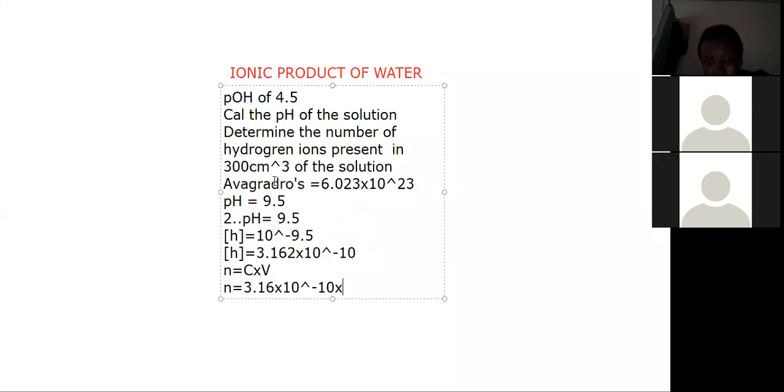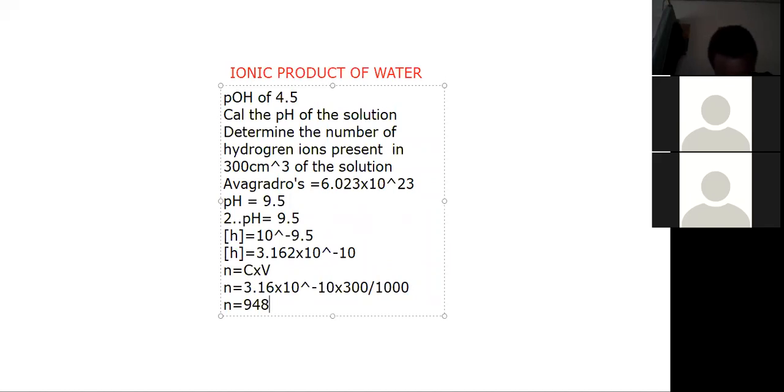When we are converting this to dm cube, we simply divide by 1,000. So we get 300 cm cube divided by 1,000. That's what we are going to get. So what answer are you going to get? Those with the calculator are going to get 9 point something.